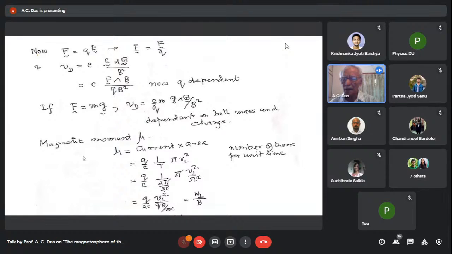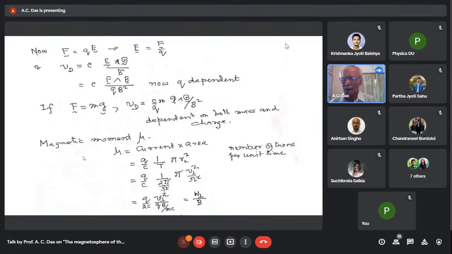So that would be given by Q by c, and 1 by T would be given by the number of turns, defined by the time 2 pi by omega, and the area is pi r_L square, where r_L is the Larmor radius and pi r_L square is the area of the circle.